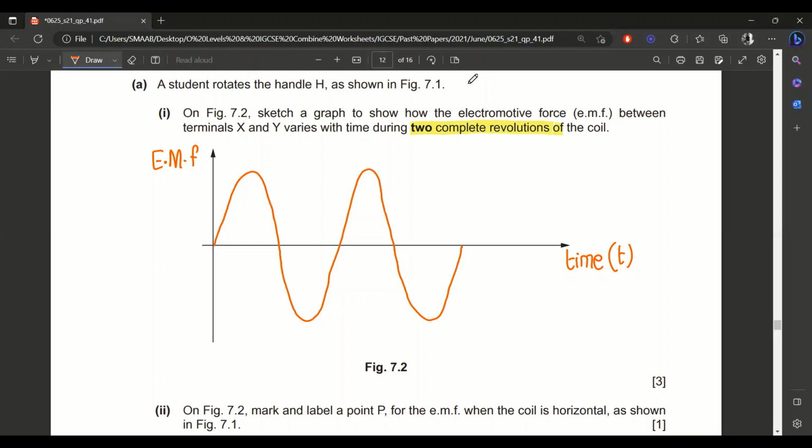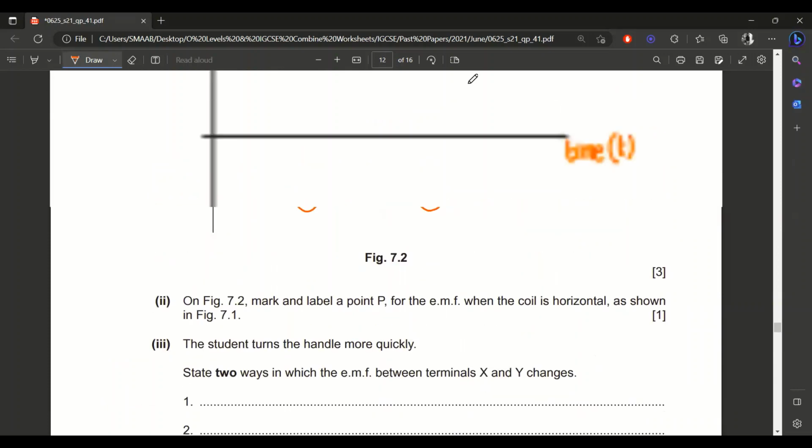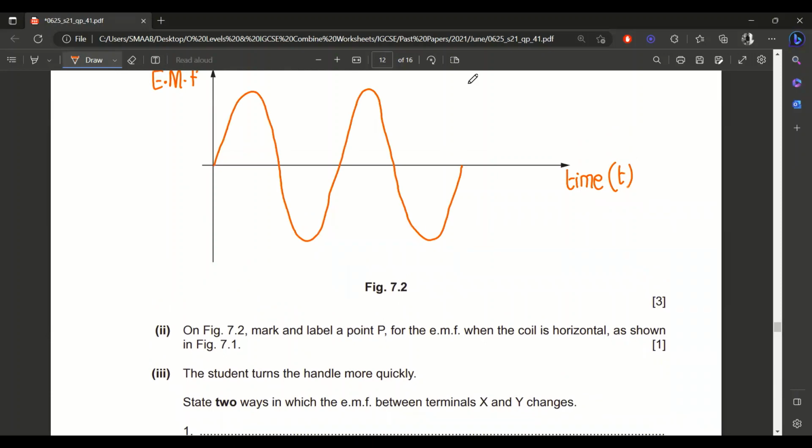Okay. And on figure 7.2, mark and label a point P for the EMF where the coil is horizontal as shown in figure 7.1. So now again we need to find a point on the graph where the coil is horizontal.